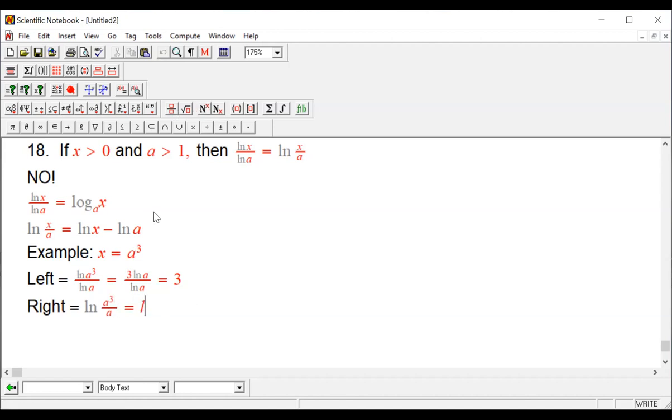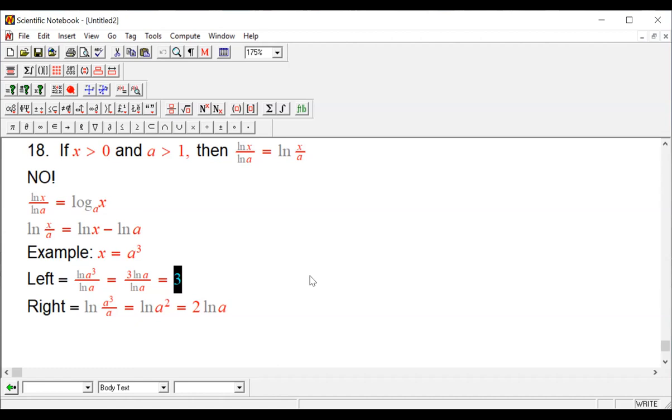So we first do the division inside, so we get ln a squared, and that's equal to 2 times ln a. So are these two the same? It depends on the value of a, right? But the left-hand side is always going to be 3.